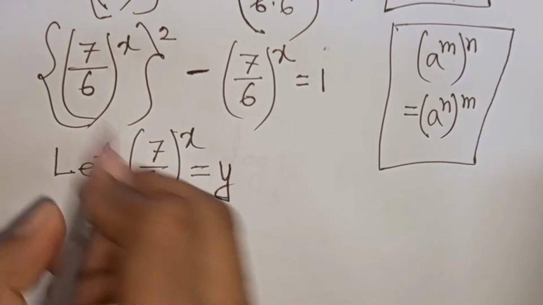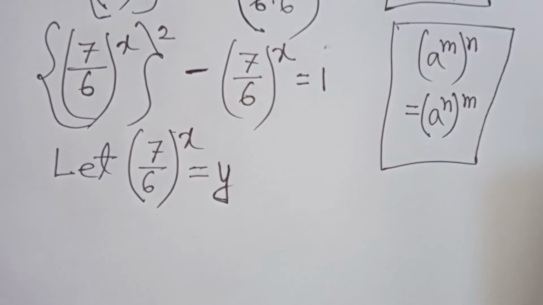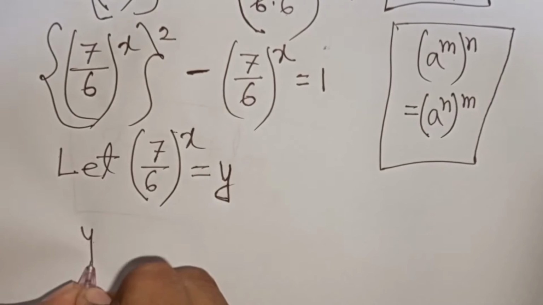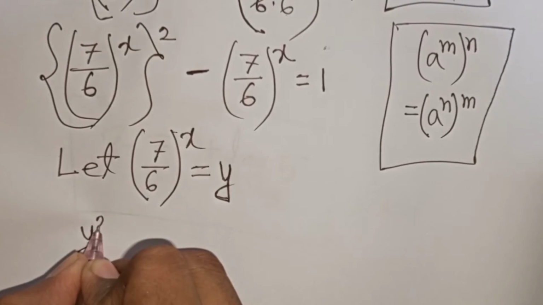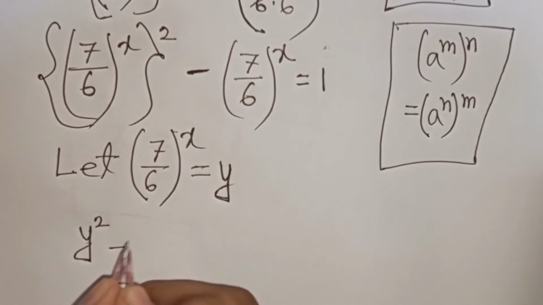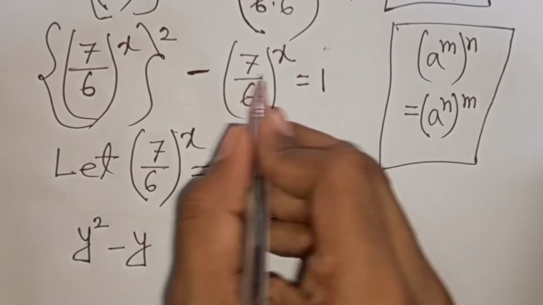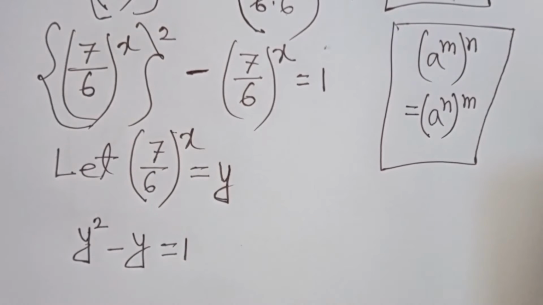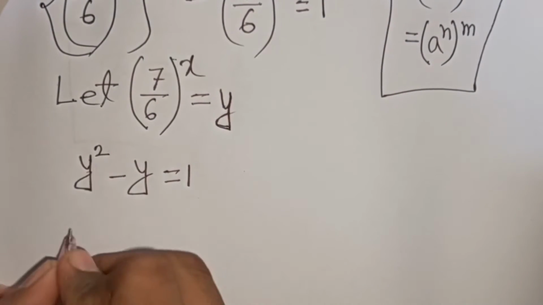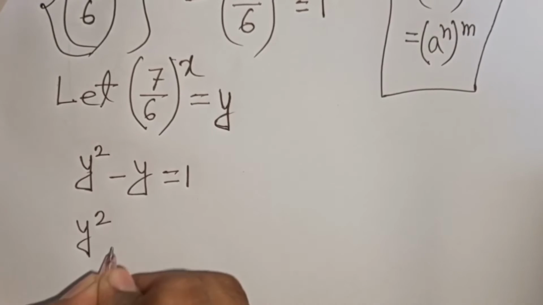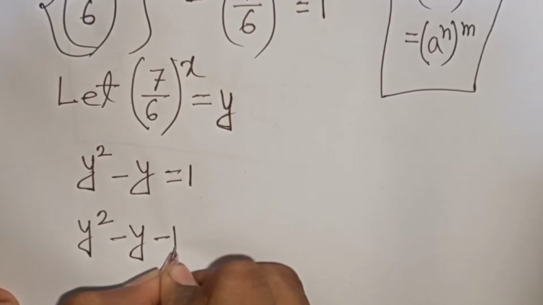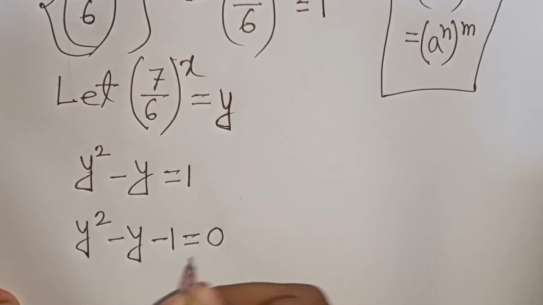So our equation will be y square minus y is equal to 1. Now we can write here y square minus y, then this plus 1 taken to the left side will be minus 1, is equal to 0.